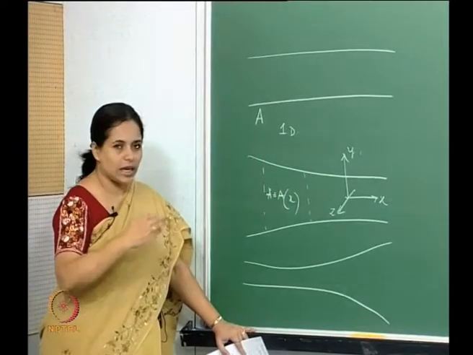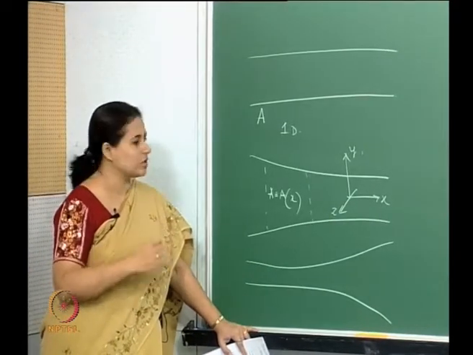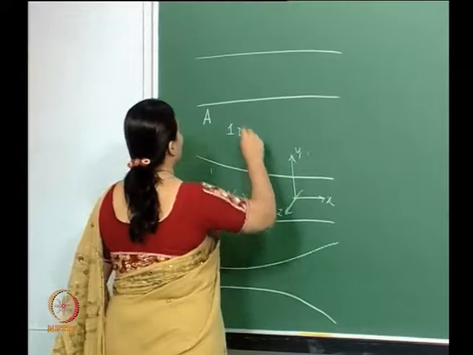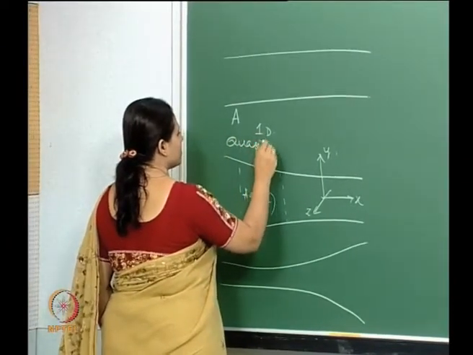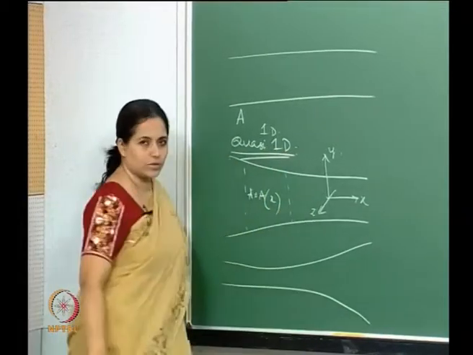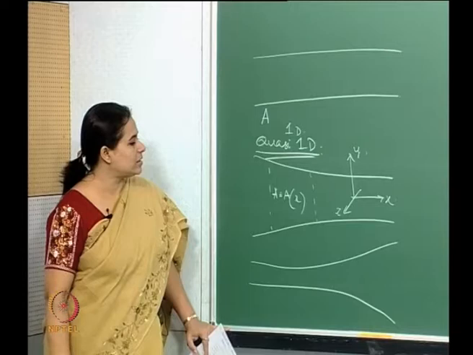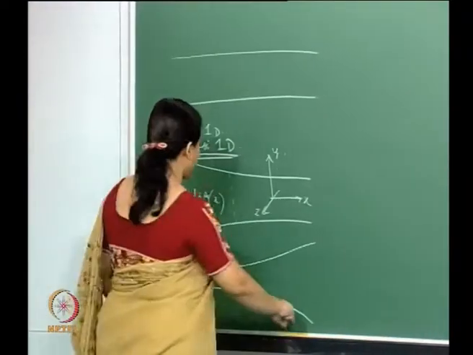But that area doesn't change in any other direction at that particular location. Therefore, this is called a quasi 1D flow, okay? So let us see what we can do with something like this.